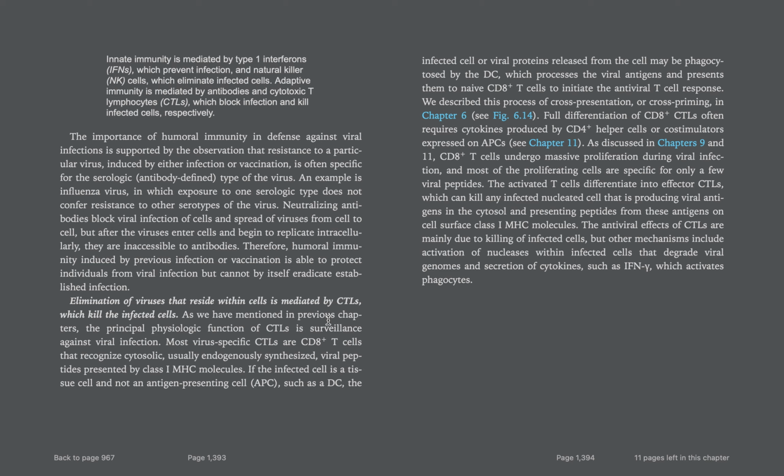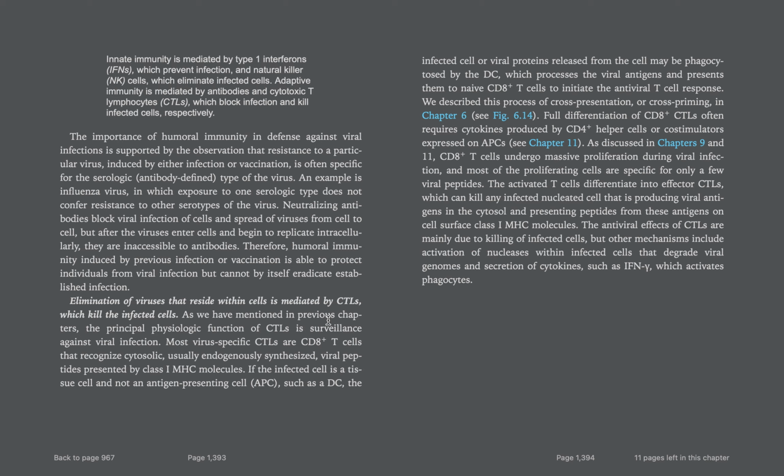As we have mentioned in the previous chapters, the principal physiological function of cytotoxic T lymphocytes is surveillance against viral infection. Most virus-specific cytotoxic T lymphocytes are CD8 T cells that recognize cytosolic, usually endogenously synthesized, viral peptides presented by MHC class I molecules.